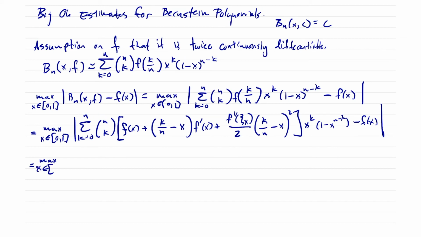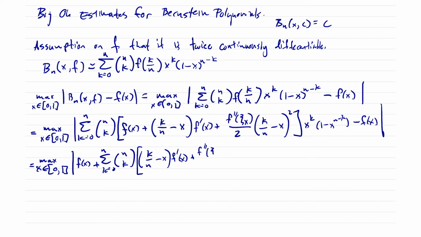We get the maximum over x in [0, 1] is equal to the absolute value of f of x plus the sum k equals 0 to n of n choose k times k over n minus x times f prime of x, plus f double prime of xi at x over 2 times k over n minus x squared, and x to the k, 1 minus x to the n minus k.